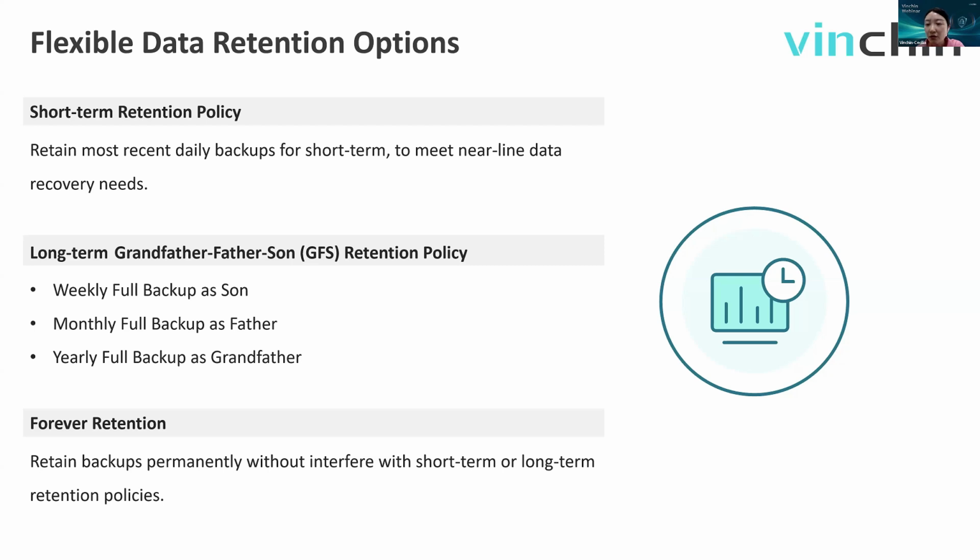You can keep all the full backup data points on a weekly, monthly, and yearly basis. This allows you to return the data even for decades. And in addition, if you want to permanently preserve the data, you just need to set the forever retention tag for the specific backup point, just operated on our backup data management page.